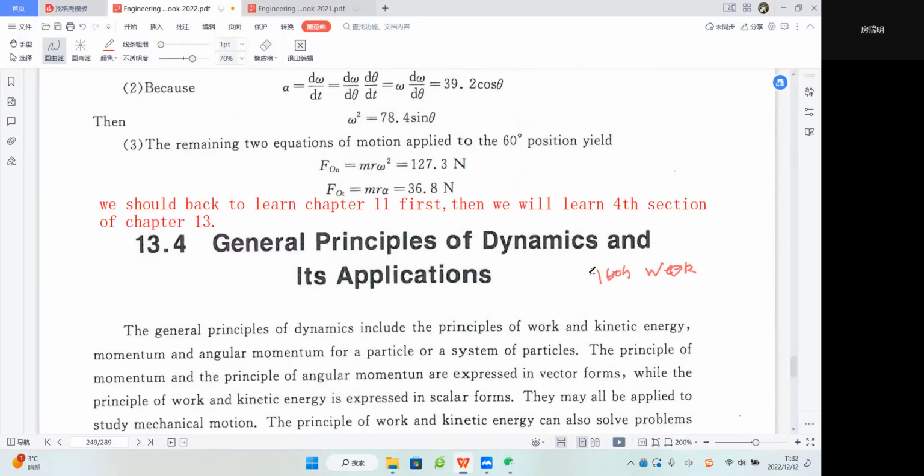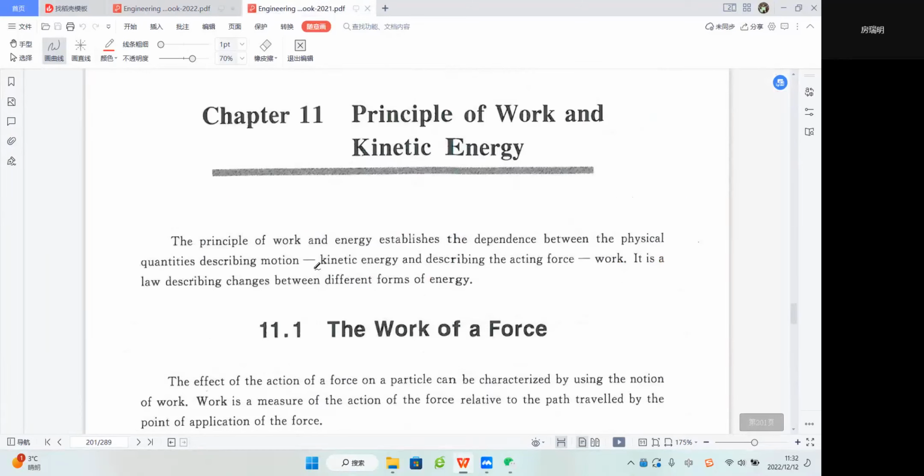But before we talk about the final examination, we finish the 11th chapter. Today we still have 20 minutes. We'll go back to chapter 11. Actually, we have learned one section of this chapter 11, the second section about the mass moment of inertia, right?